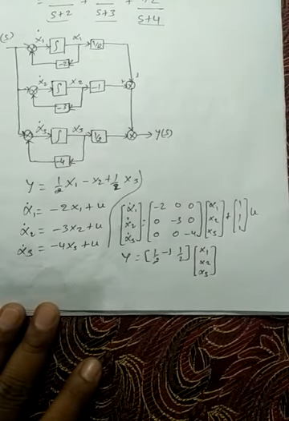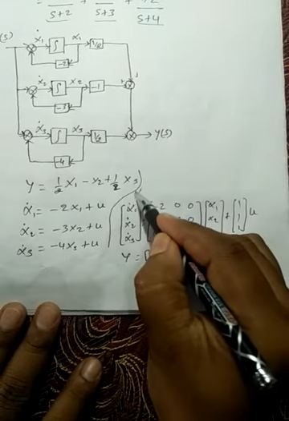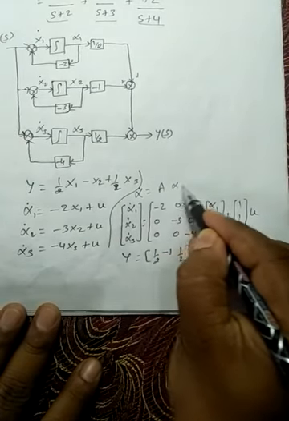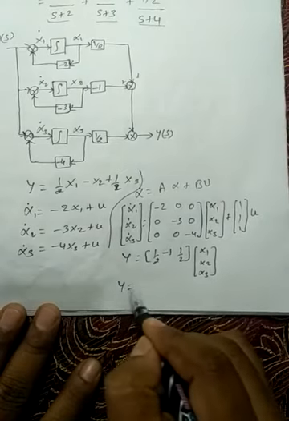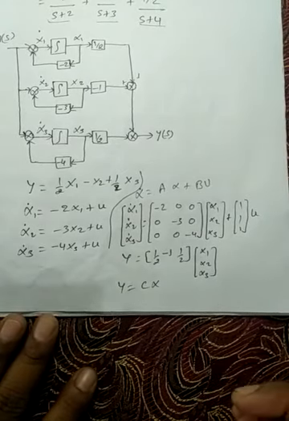So this is the state model. This one is x dot is equal to Ax plus Bu, and this one is y is equal to Cx. Right?